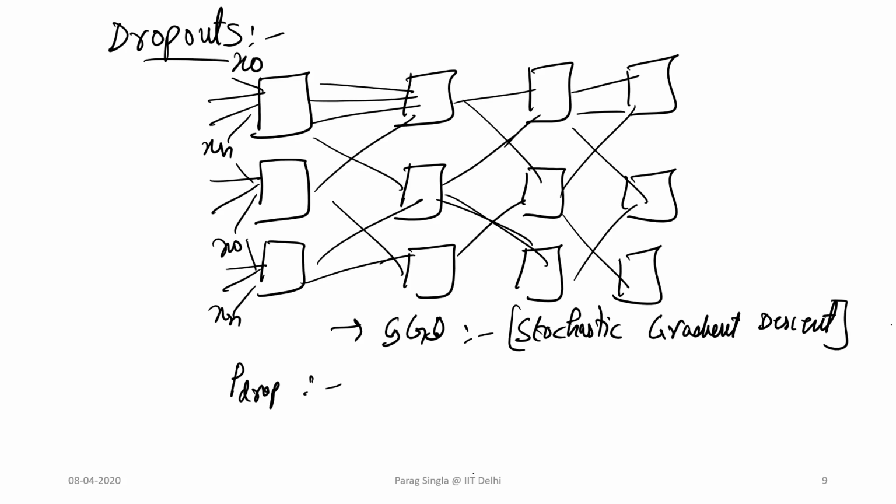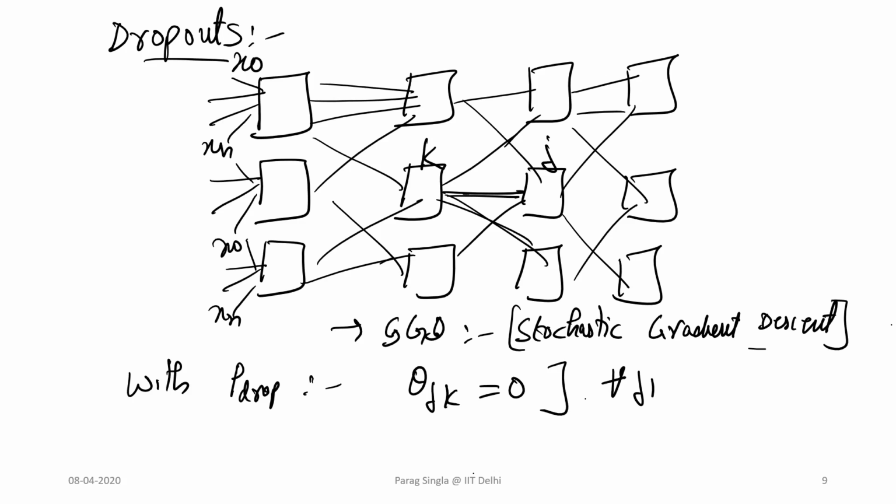Suppose there is this unit J in the network, and this unit K, and there is a connection from K to J. With probability P drop, you make theta jk equal to 0, and you do this independently for all jk.